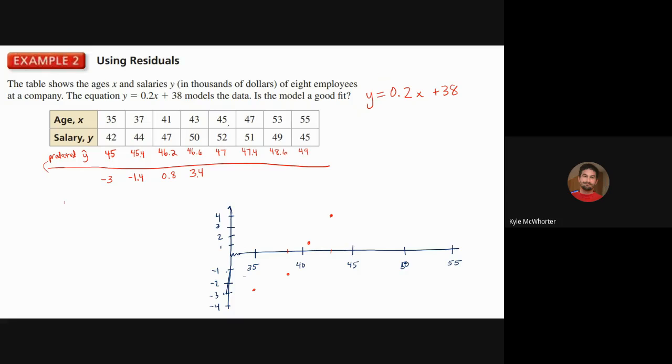Then when x is 45, we're doing 52 minus 47, which is 5. So 5 would be up here. 45 and 5. Then when x is 47, the residual is 51 minus 47.4, that's going to be 3.6.